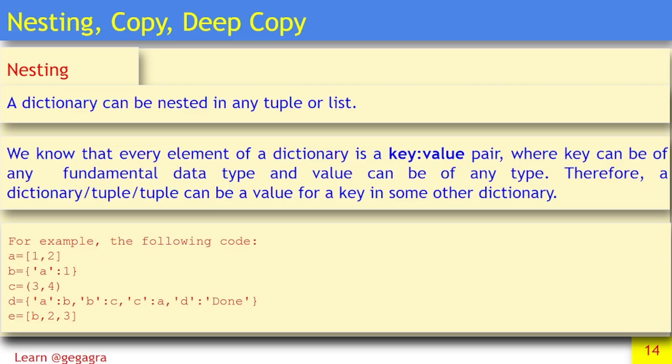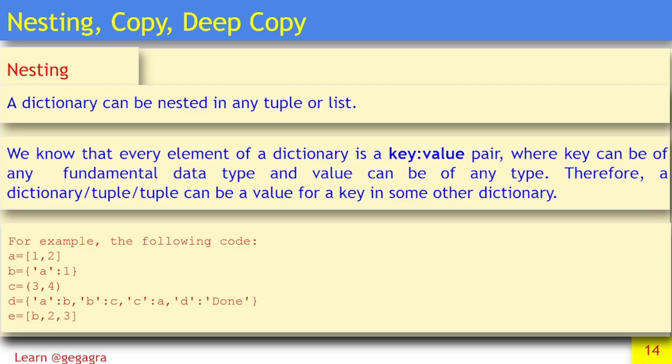So B is basically the dictionary which is inside dictionary D. So D is a dictionary and B is also a dictionary. So B resides inside dictionary D. Similarly, C can be nested in dictionary. Like B is the key and C is the tuple. So this time tuple is nested in dictionary D.